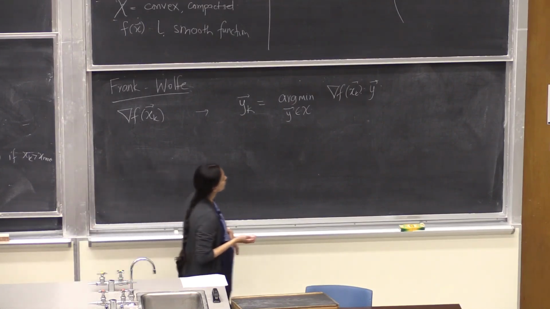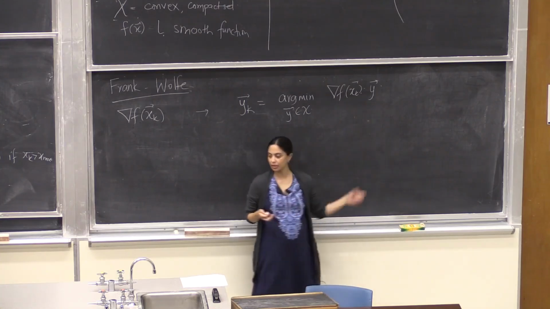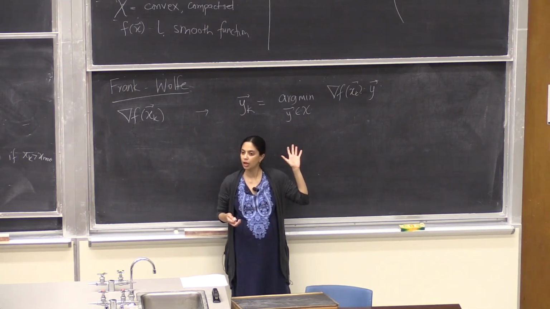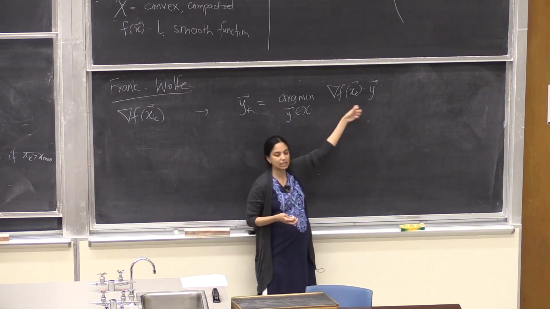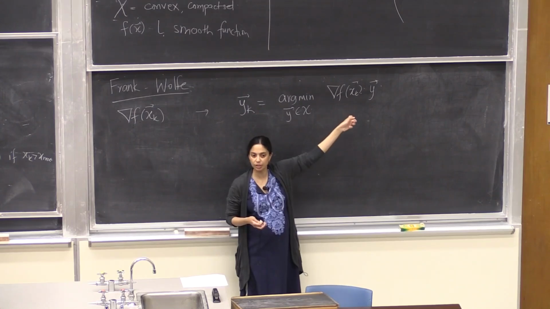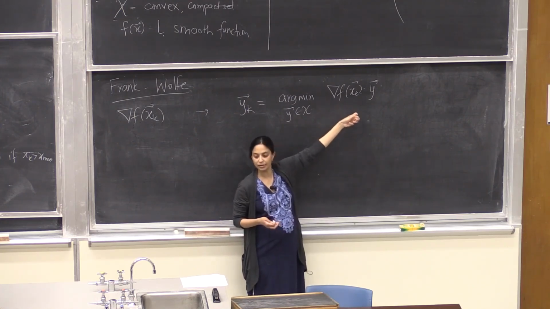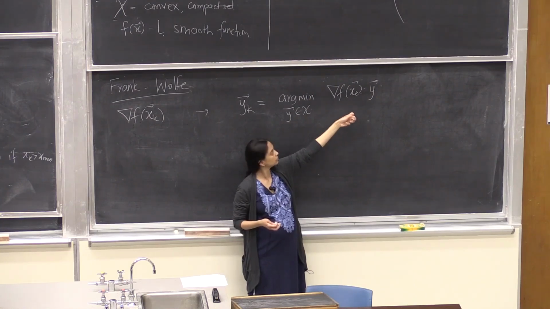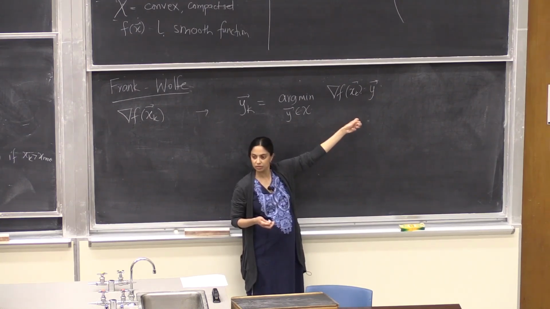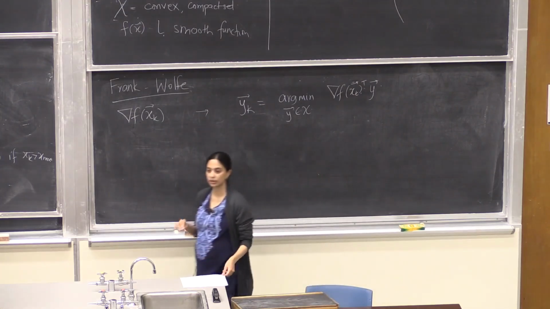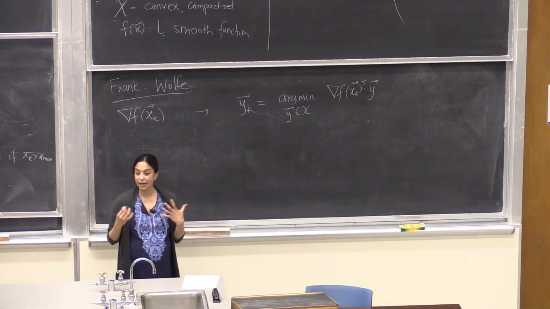Can you find a direction y where y remains in the set, but you're maximizing your inner product with the negative gradient? So it's arg min of the inner product of the gradient and y. Does that make sense? Right, find that y that's inside the set, but is exactly where you want it to be.